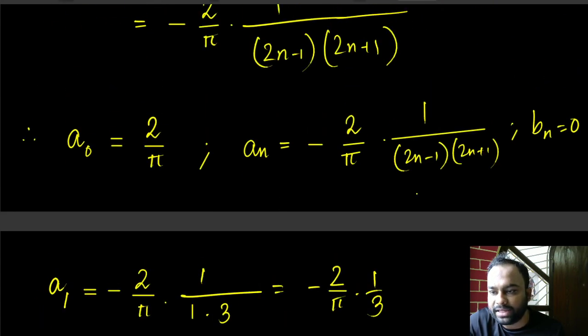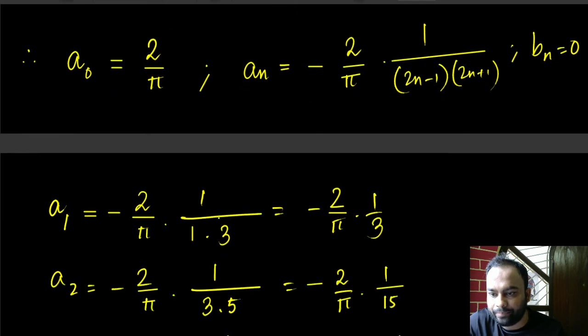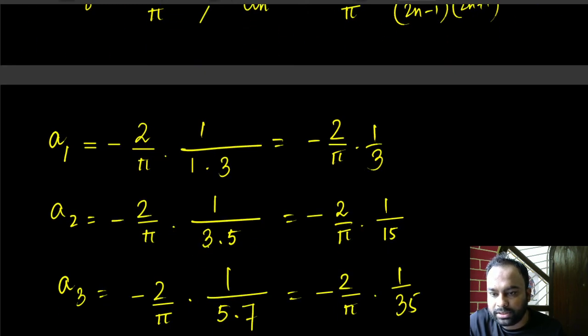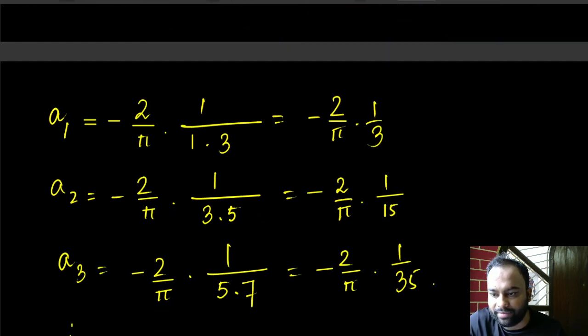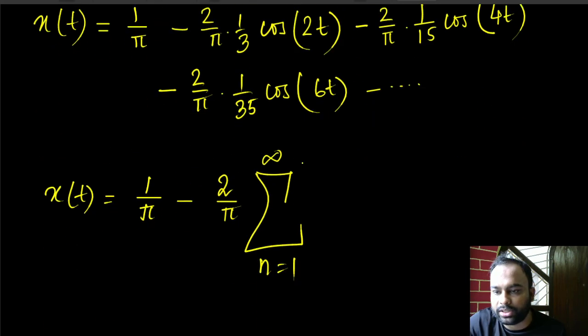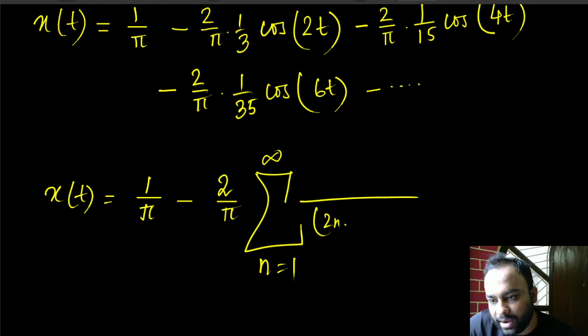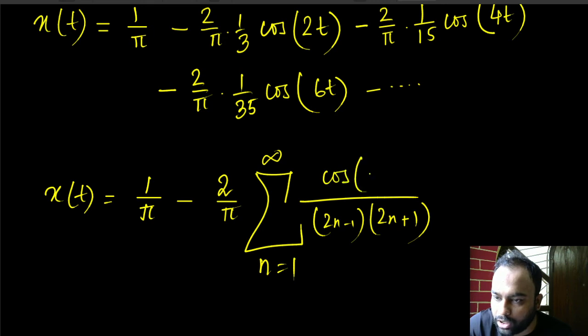This thing simply came from this, right? 1 by 2n minus 1 into 2n plus 1 from that. So this is 3 into 5, so 15, 5 into 7, so 35, and so on. So that's going to be 1 by 2n minus 1 into 2n plus 1, and on top I have cos 2nt.